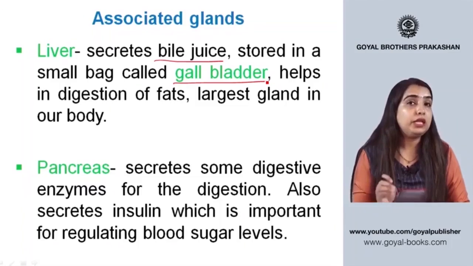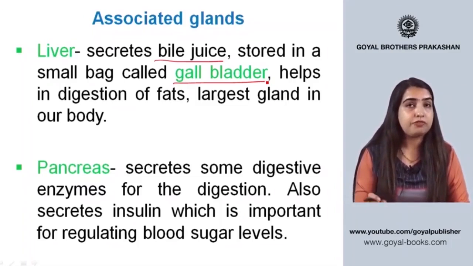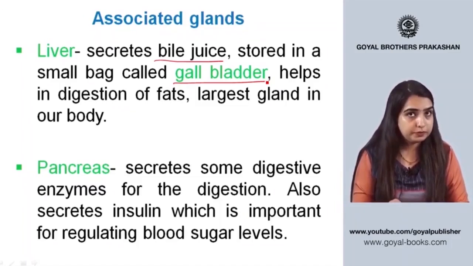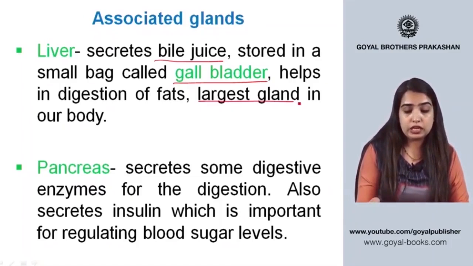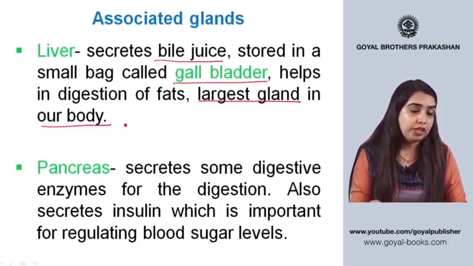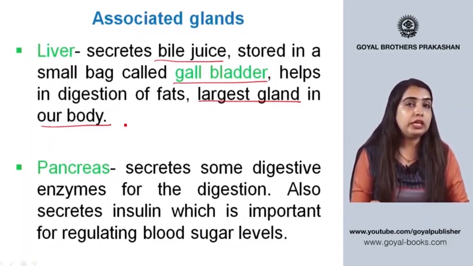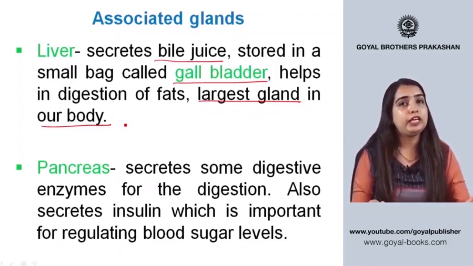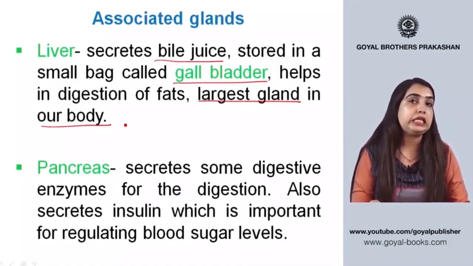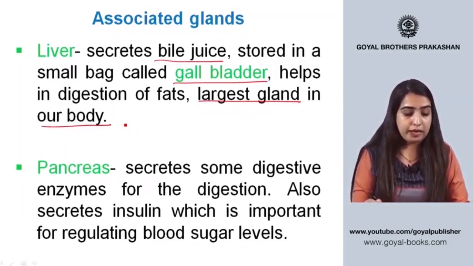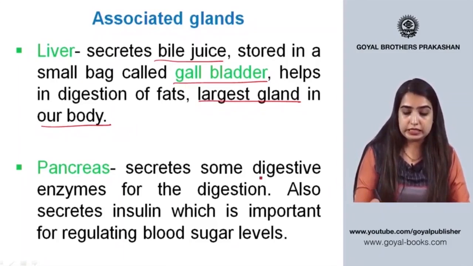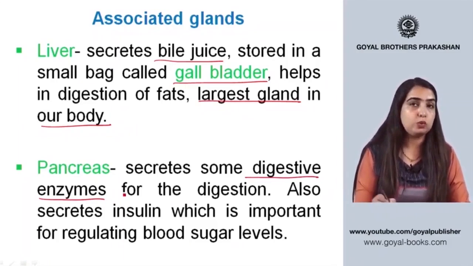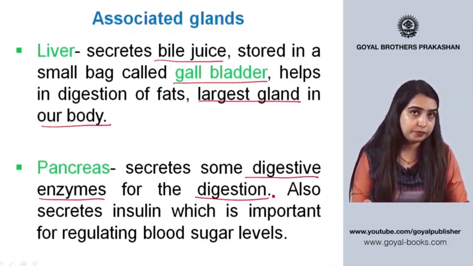It is because of the liver that digestion of fats is possible, and the liver is also the largest gland in our body. So this is useful information. If you are ever asked a question about the largest gland, you should be able to quickly answer that it is the liver.